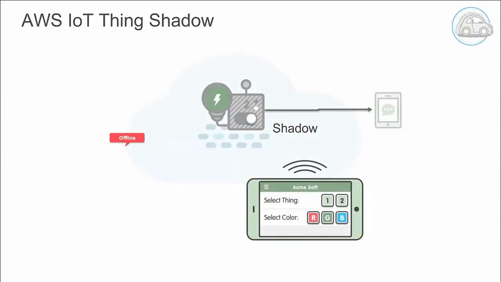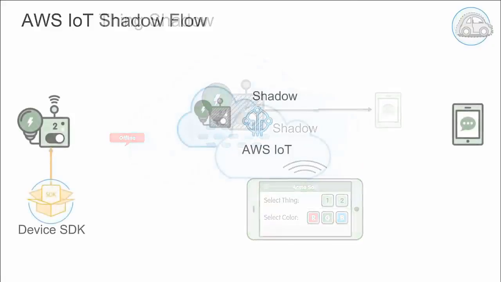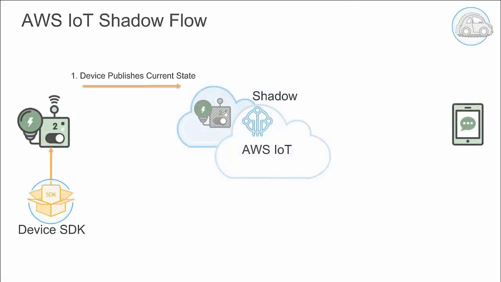Okay, and it works like this. So we've got the offline capability. The Device SDK, well, it abstracts this from the device developer. So you don't have to do this stuff that you're going to see on the slide in a second. All you have to do is call the synchronize state capability within the specific Device SDK that you're using. The device will then publish its current state.